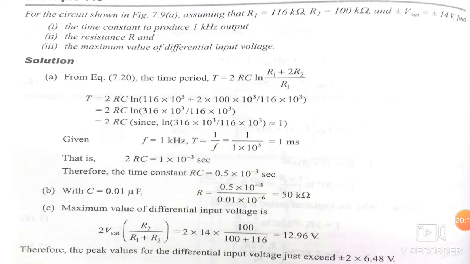So by substituting the value of capacitor, we can calculate the value of R, and whatever the value of R comes, we can set it through preset or potentiometer. So by substituting the value of C equal to 0.01 microfarad, we get the value of R equal to simply 50 kilo ohm. It may be 49.5 kilo ohm. So we can take a preset of 50 kilo ohm and just set the potentiometer setting to 49.5 kilo ohms.